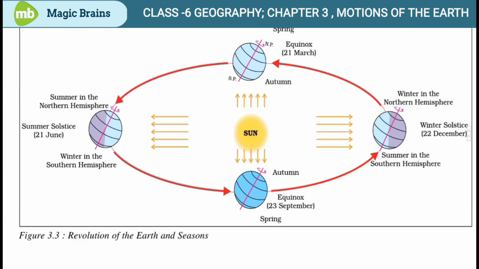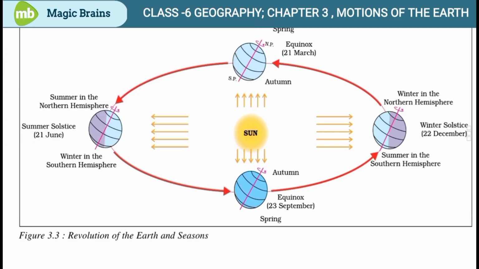In figure 3.3, you can see revolution of the Earth and seasons. In the center, we have the Sun. The Earth is shown rotating on its own axis as well as revolving around the Sun. So, as per the diagram, we see summer in the northern hemisphere and winter in the southern hemisphere.